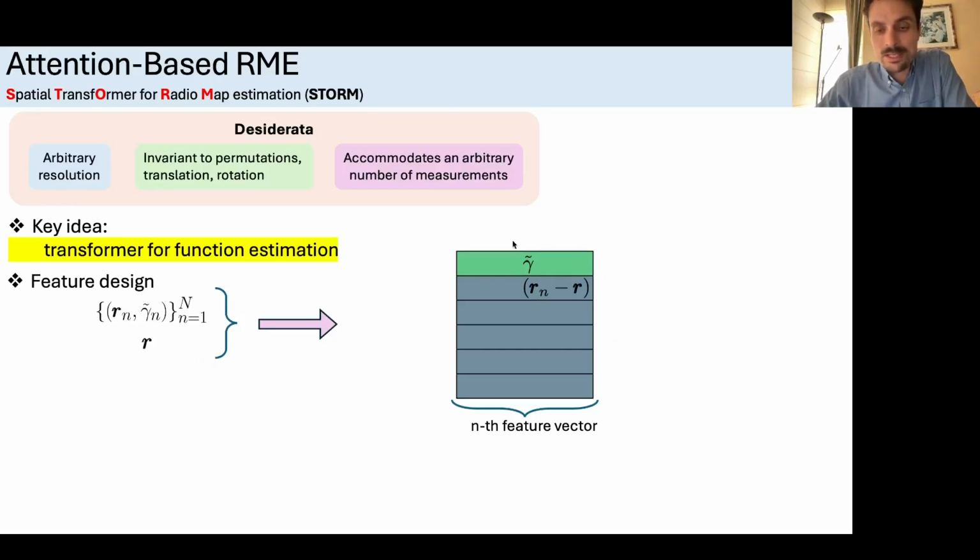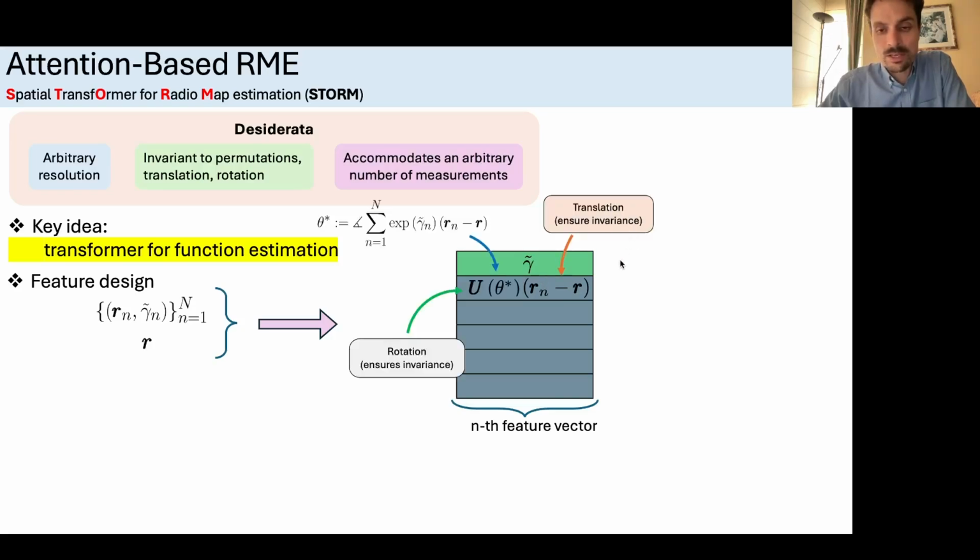We first apply the trick that we discussed earlier, where the evaluation point is subtracted from the measurement locations to ensure translation invariance. We also apply the same rotation to all measurements. This is kind of a normalization that introduces invariance to rotation.